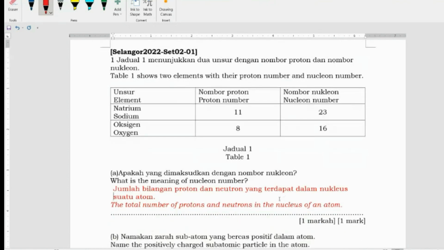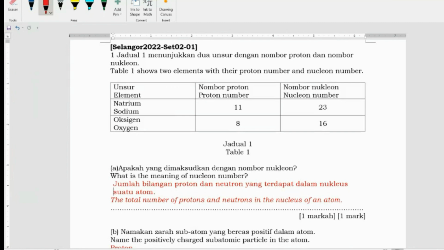Okay, BB. I mean the positively charged subatomic particle in the atom.